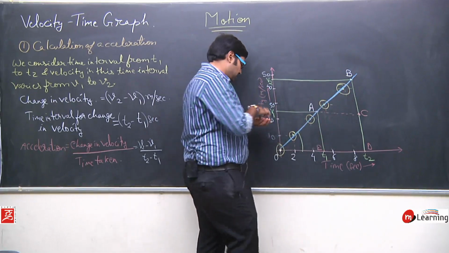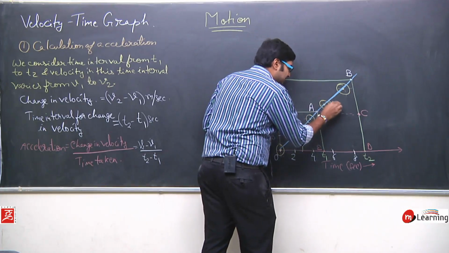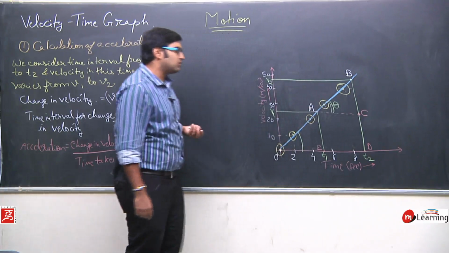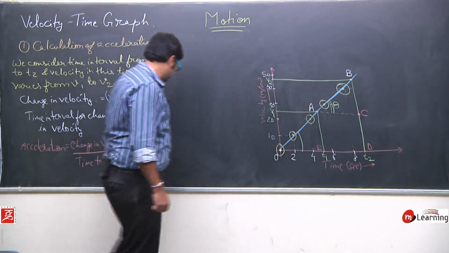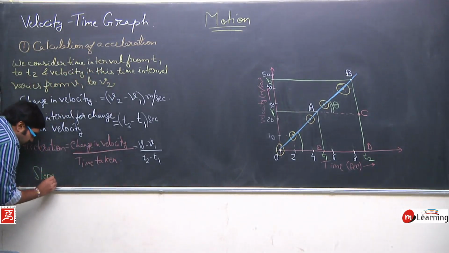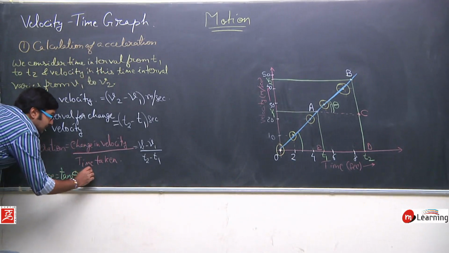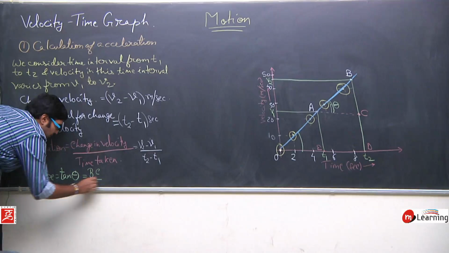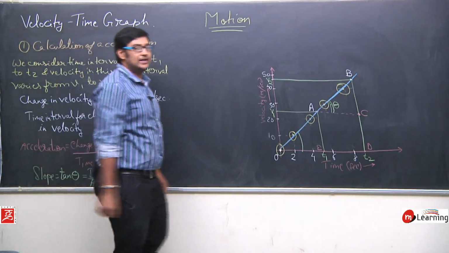So here also, let's say this angle is theta, so theta is going to represent the slope. So in this case slope is equal to tan theta. And what is tan theta? That is BC upon AC. Okay, it is the same trigonometric ratio.